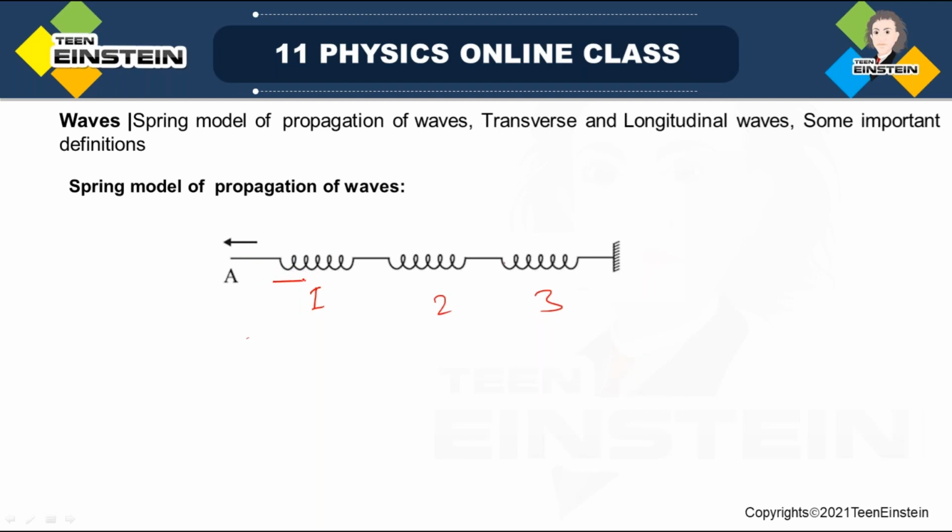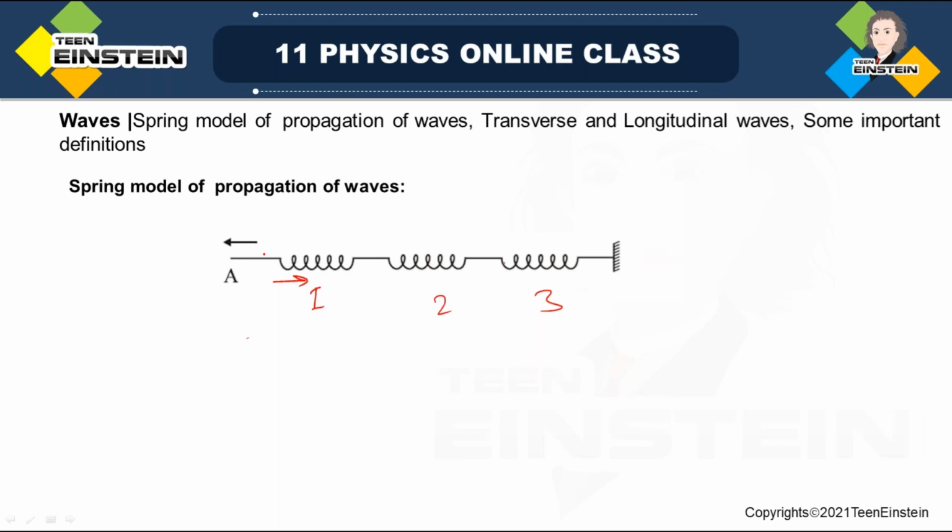Suppose it is stretching, so the restoring force will be in this way, right? Since this spring is connected to the other one, 2, and 2 is connected to 3, if you stretch this spring, you'll see that the stretch will actually happen for springs 2 and 3 also.